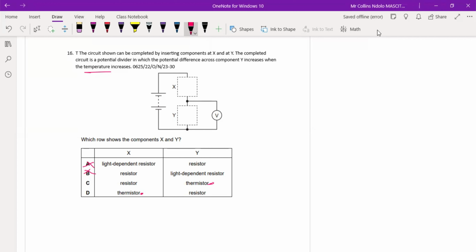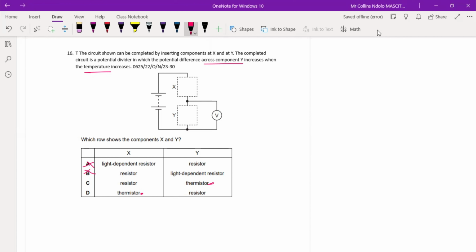Let's find out. So we want a component whereby if we place one at X and another one at Y, when temperature increases, the potential difference across Y increases. Now remember, what is a thermistor? A thermistor is a special type of resistor whereby an increase in temperature decreases its resistance. That means component Y cannot be a thermistor.